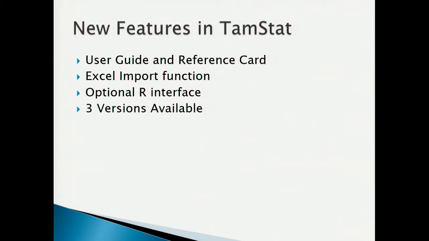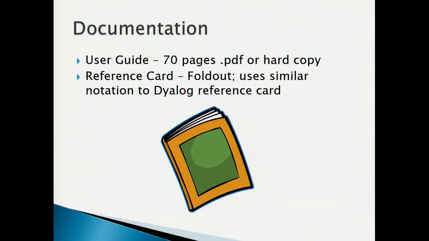It's also available in a PDF form. In addition to that, I've come up with a little reference card similar to the Dyalog reference card. I did spend a lot of time working on the documentation, and I can't emphasize how important that is. The user guide is about 70 pages, and again, it's a PDF or hard copy.